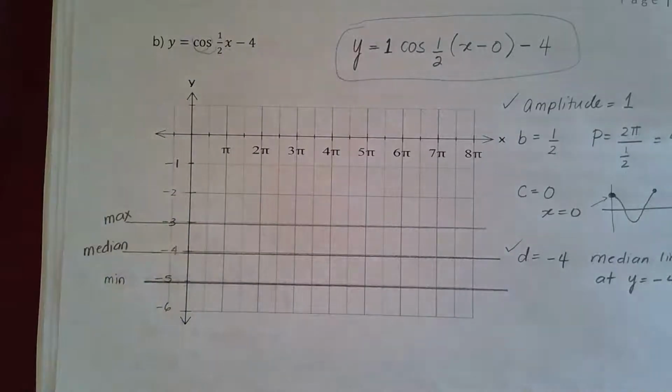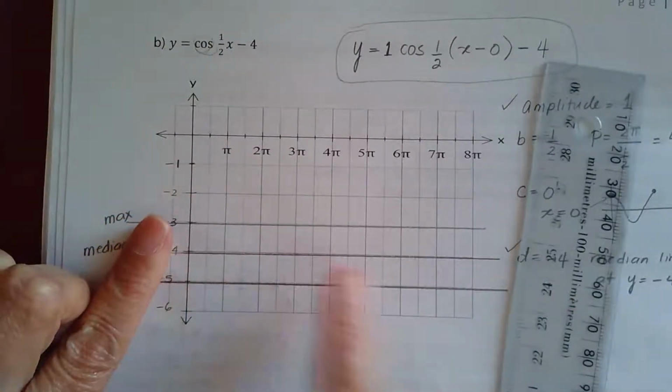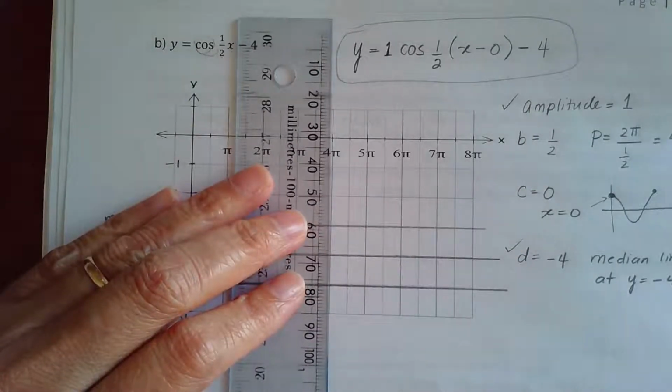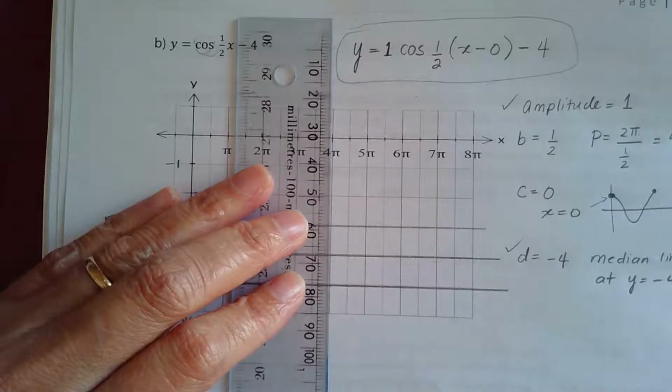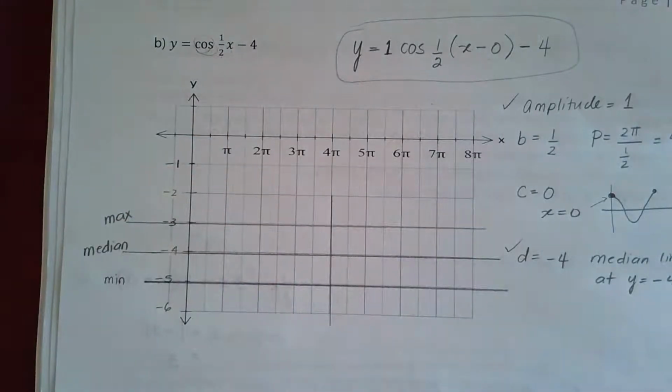So one complete cycle is 4 pi. Where is my 4 pi? My 4 pi is from here, from 0 to 4 pi.